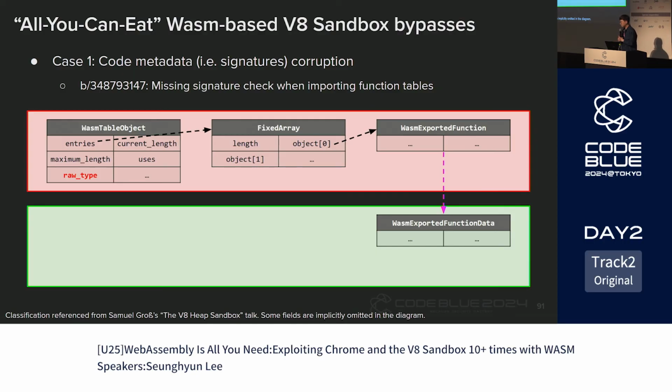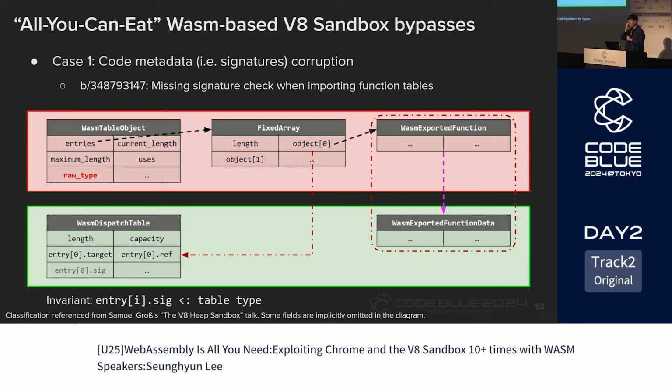When we import this WebAssembly table, we start to copy all of its entries to a WASM dispatch table. This is sort of the ground source of truth, where the invariant that all of its entries are subtypes of the table's type must always hold. But it's so easy to break this invariant. We can just change the raw type written in the WASM table object to bypass the check when importing the table.